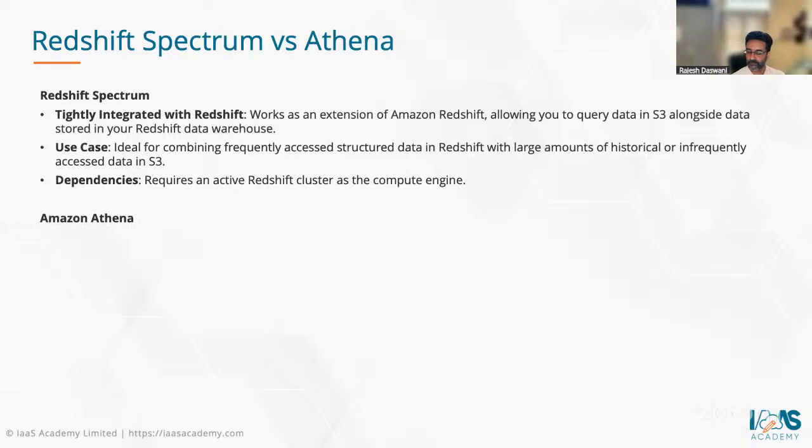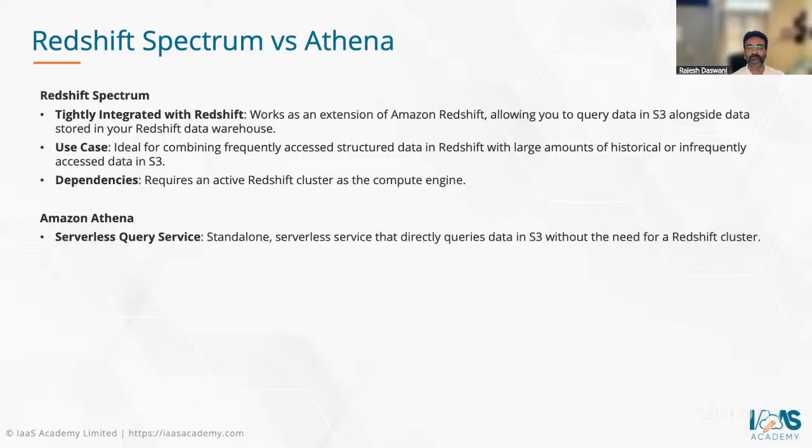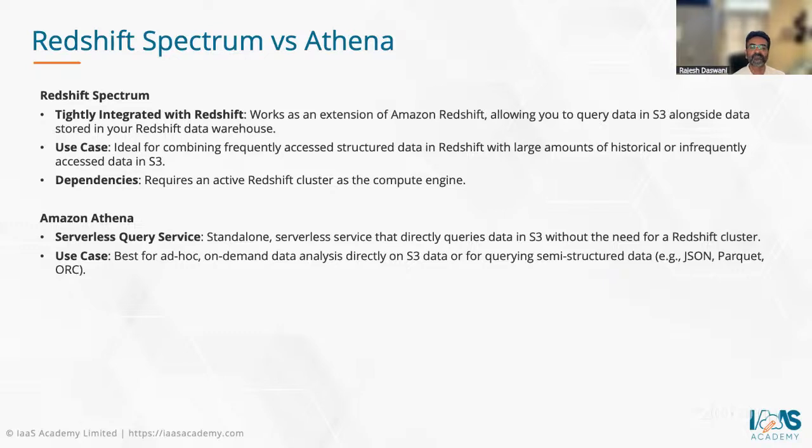Whereas Athena is designed to give you a standalone serverless service to query data that is held in S3 without needing a Redshift cluster. So it's best for ad hoc, on-demand data analysis directly on S3 data, for querying semi-structured data: JSON, Parquet, ORC, etc. There's no need to set up any kind of cluster or management.